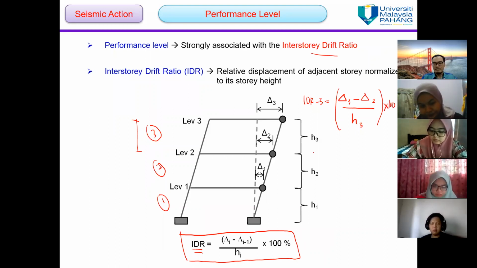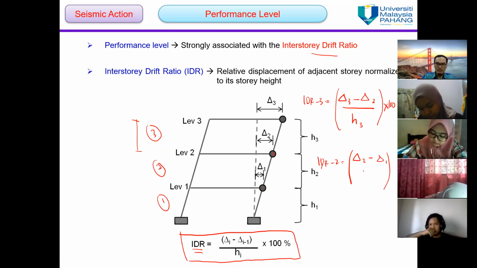Okay, for story number 2, it is equal to the displacement of story number 2 minus that of story number 1, divided by the height of story number 2, times 100. Okay, a similar approach applies for story number 1.